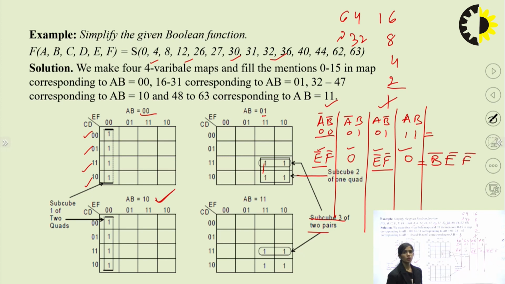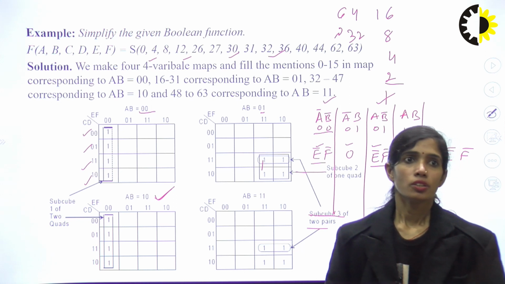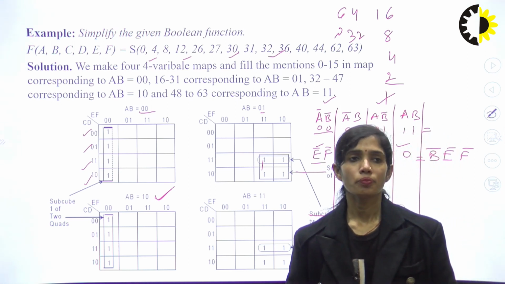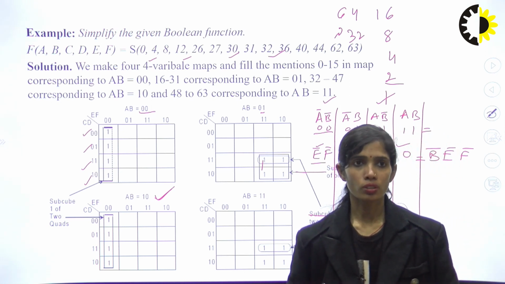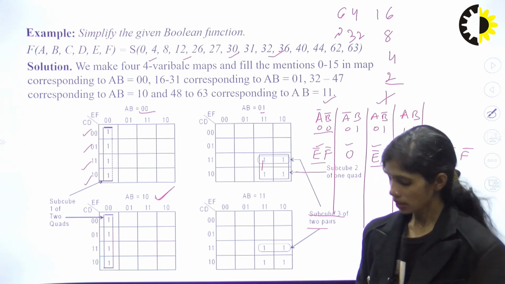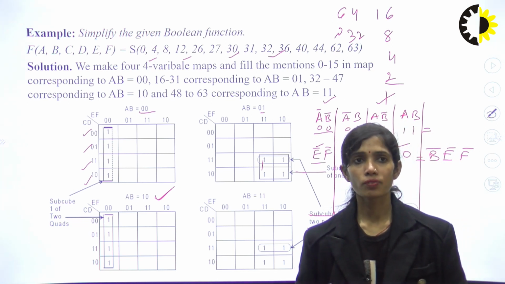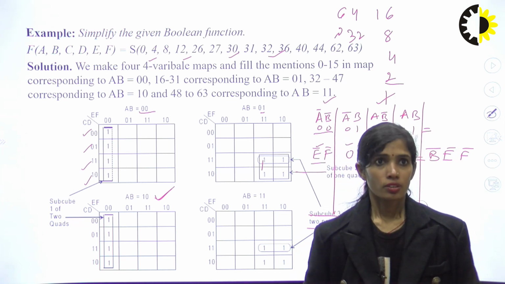So this is how you are going to simplify the 6 variable K-map. Okay, so this ends the lecture of the 6 variable K-map. So this is how we learned how to solve K-maps for different variables. Thank you so much.